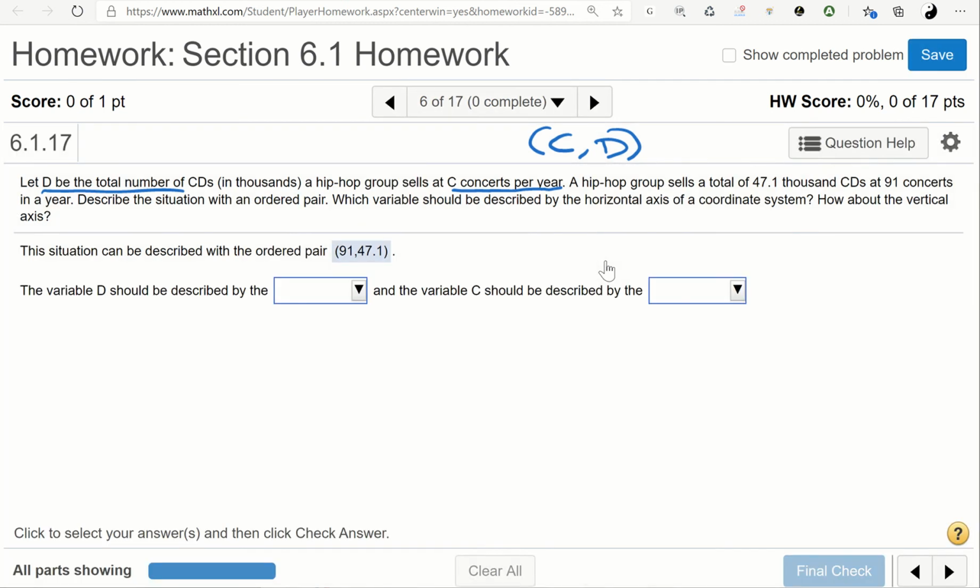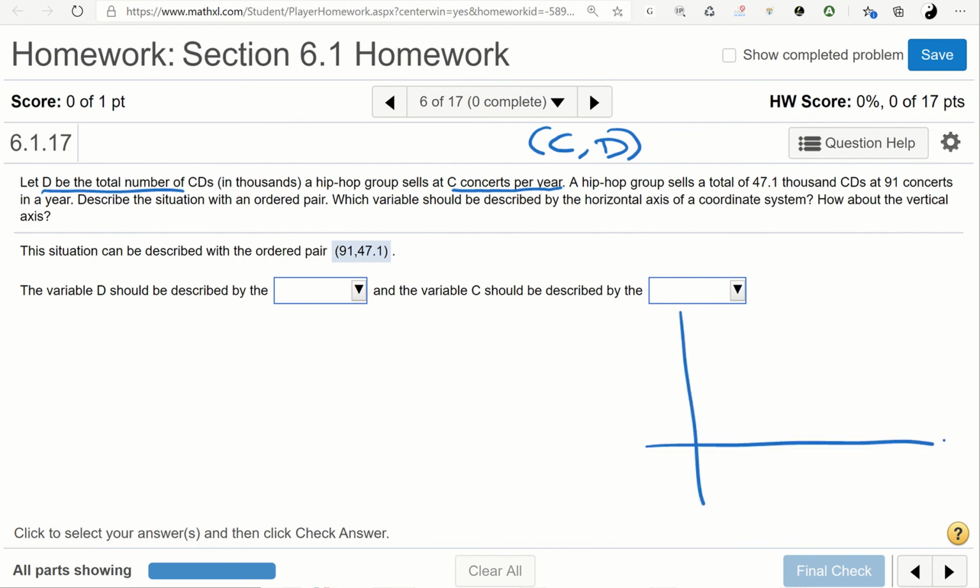All right. So the variable D, remember, because C is the explanatory and D is the response, we're going to have the explanatory horizontally.